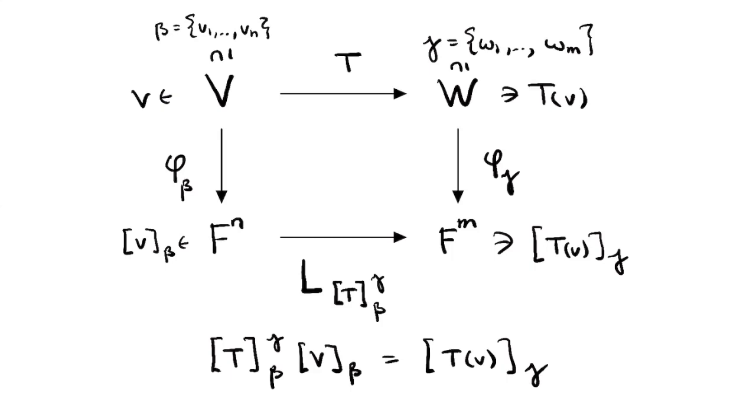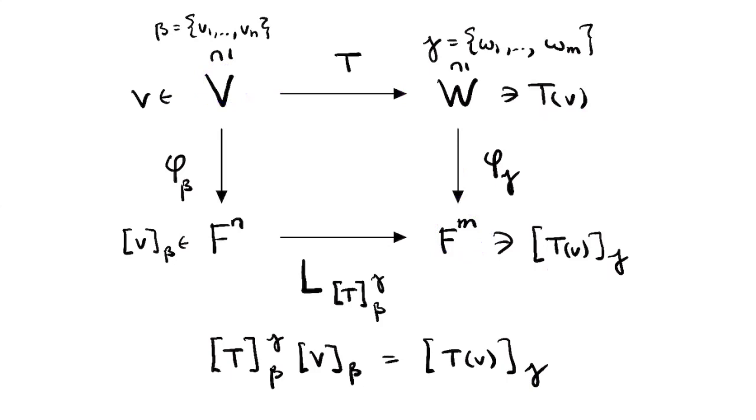So I just kind of want to say what I mean by that in this diagram. If you start up here in V, there's sort of two ways to arrive at a vector down here in Fm. One way is you can take T of V to get a vector in W, and then take phi sub gamma of it to look at its coordinates.